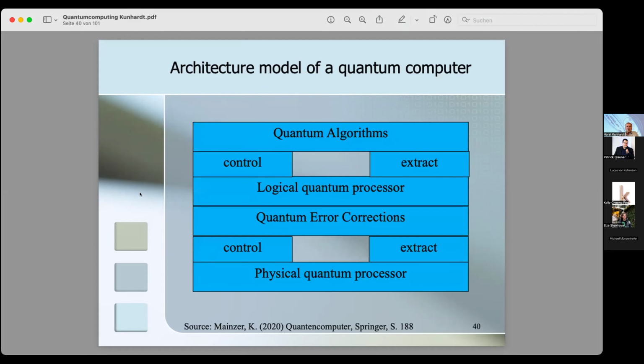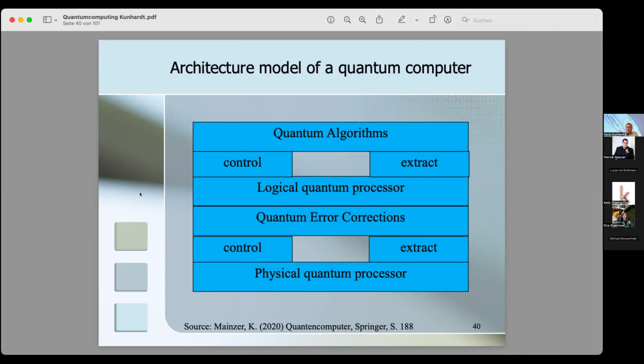So an architecture model of a quantum computer, how it could be realized, is always based on a physical quantum processor. And in the next slide, I will show you six or seven implementations that are nowadays competing in how to implement a real quantum computer. Then we need a system to control or extract the information, the results. Then, of course, quantum error correction, as we have in a classical computer.